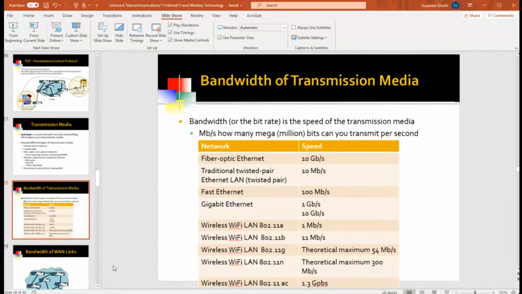If you look at traditional Ethernet, that had a bandwidth of about 10 megabits per second. So when I joined industry, the networks that we had at that time in the early 90s were 10 megabits per second Ethernets.